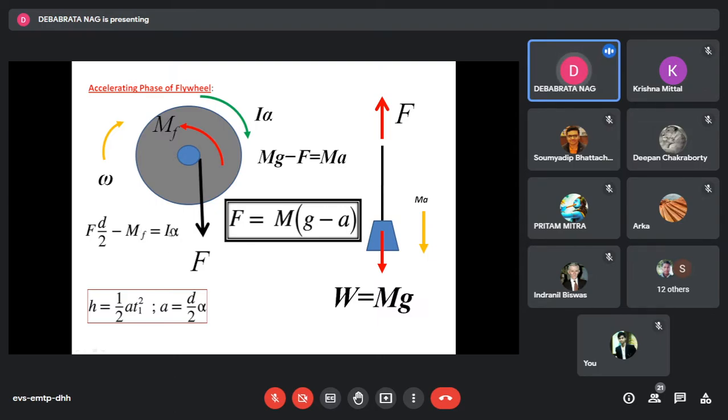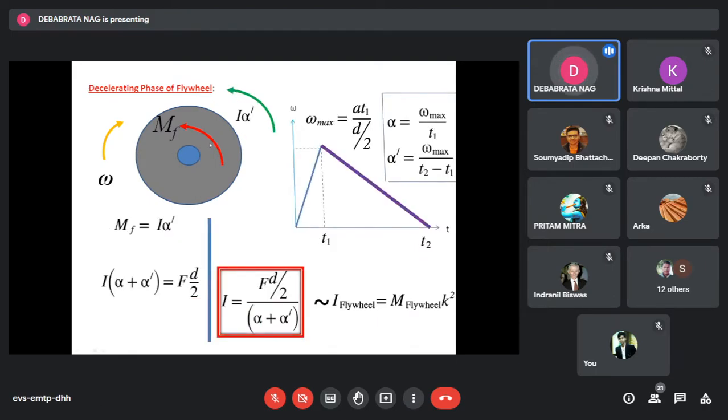So both this I and MF are not known to me. So naturally I have to have another equation so that I can break this ice. For that, we'll take the decelerating phase of the flywheel. And here we are making a very important assumption.